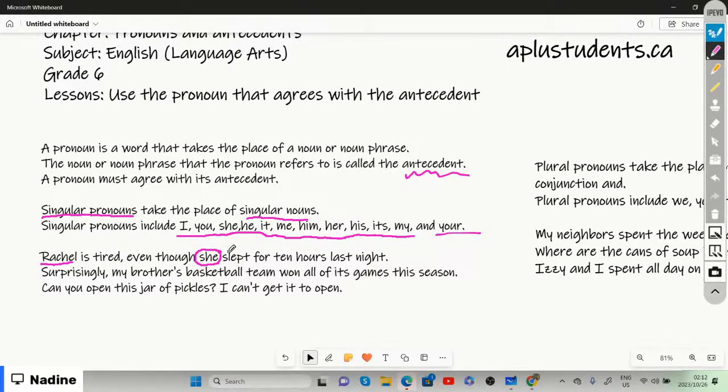So she is our pronoun, and Rachel is our antecedent.